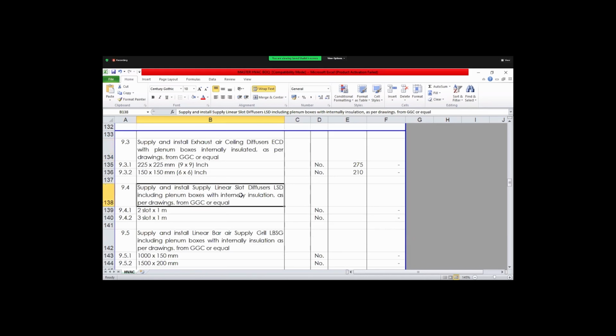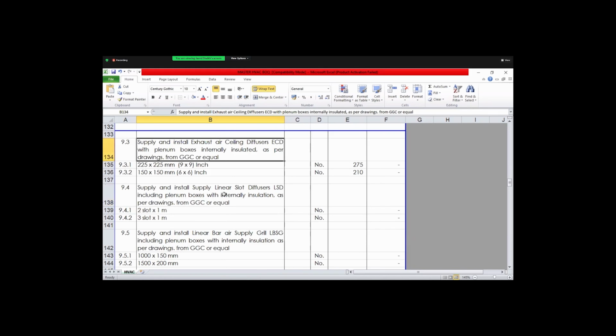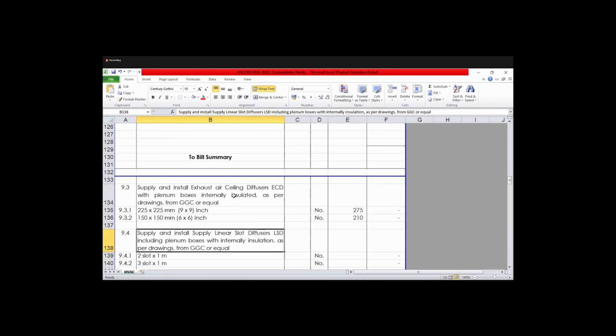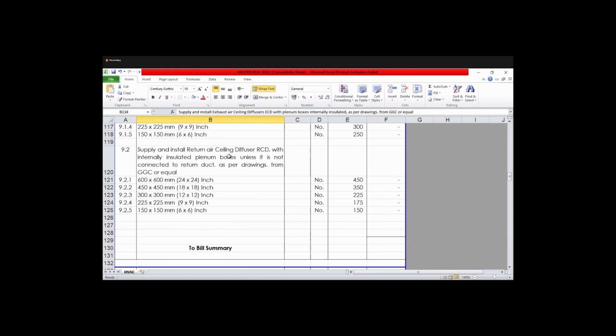So, linear slot grill. The diffuser is also an air distribution part. In case there is a gypsum ceiling, we provide slot diffusers, linear grills. In case of a tile ceiling, we can provide this diffuser, the square diffuser.